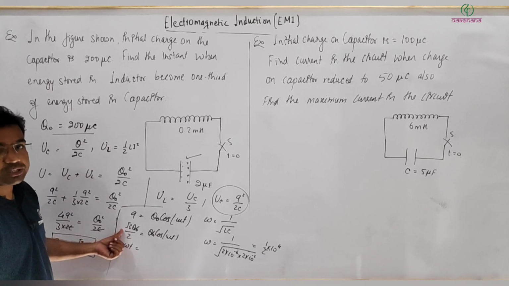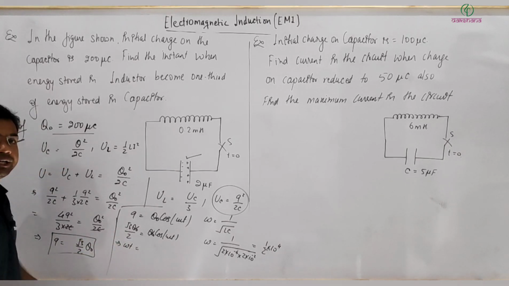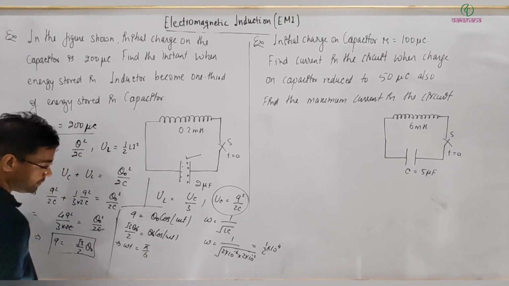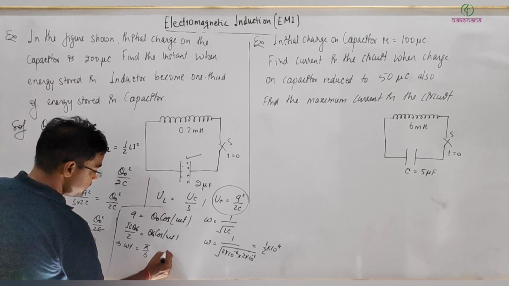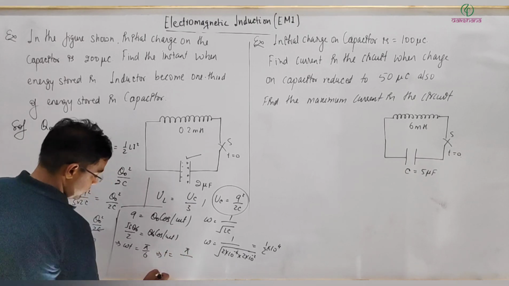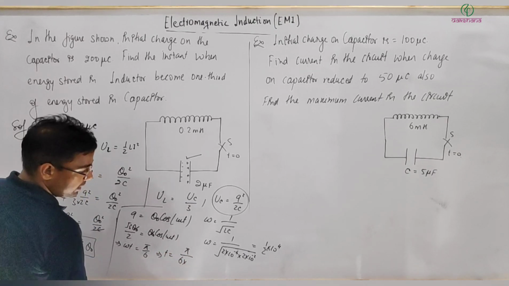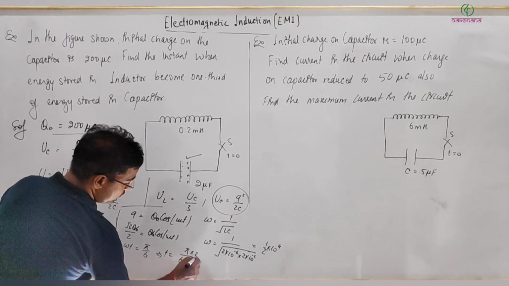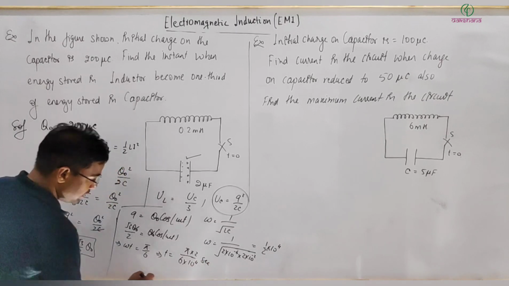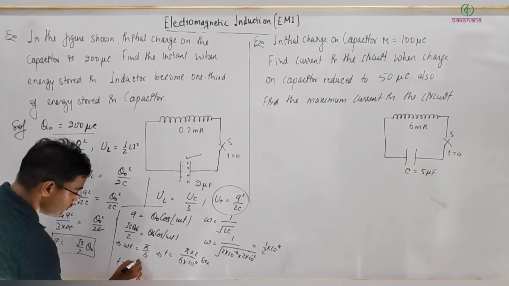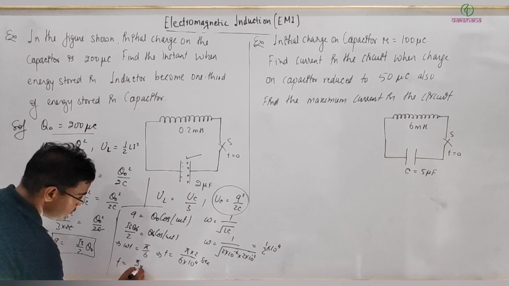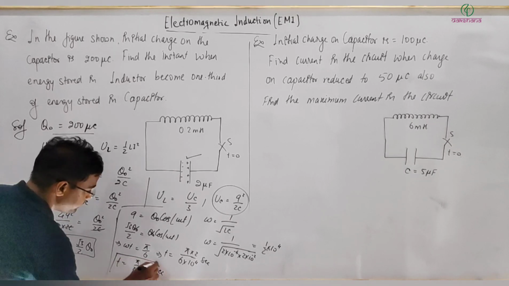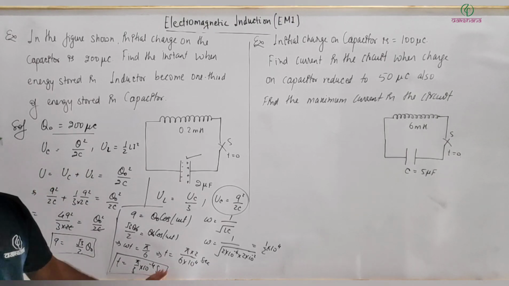Root 3 by 2 means 30 degree, which is pi by 6, and this implies t is equal to pi by 6 into 1 by omega, that is into 2 divided by 10 raised to power 4 second. So the answer is t is equal to pi by 3 into 10 raised to power minus 4 second. I hope you understood.